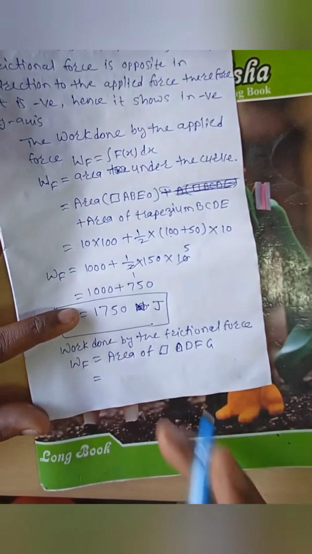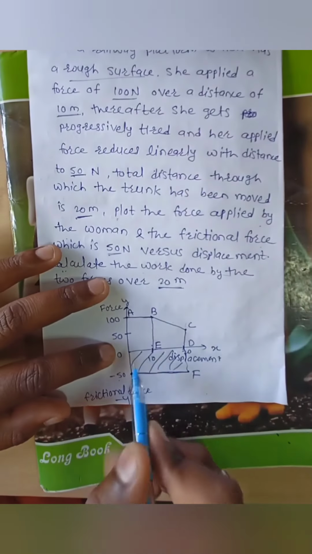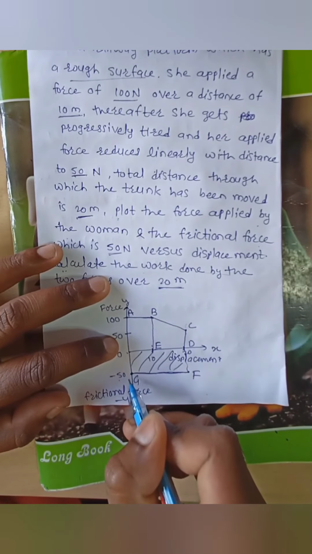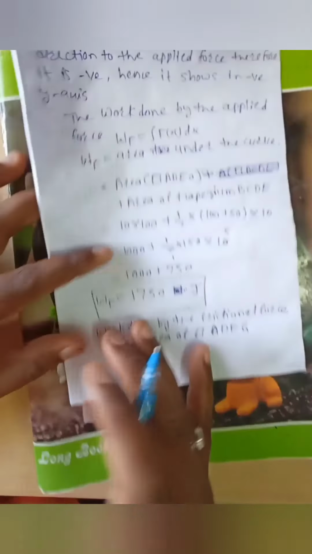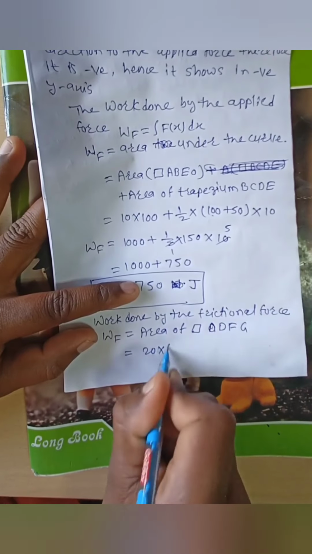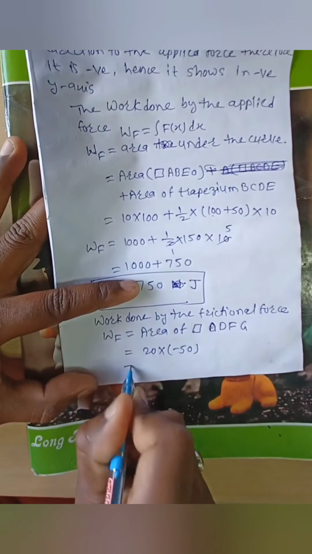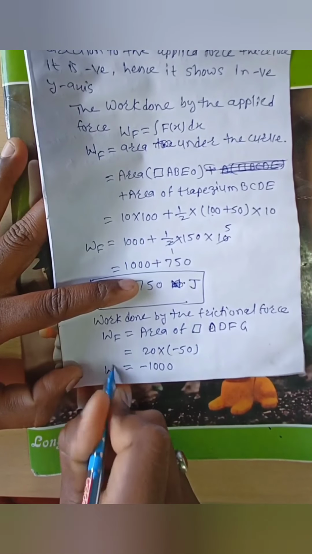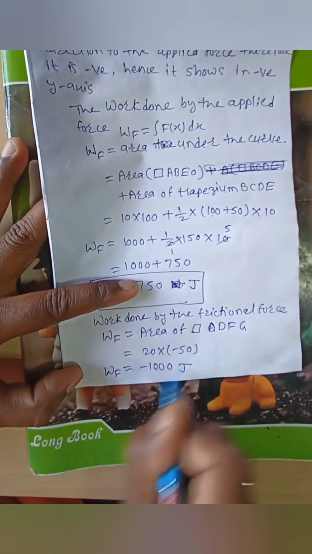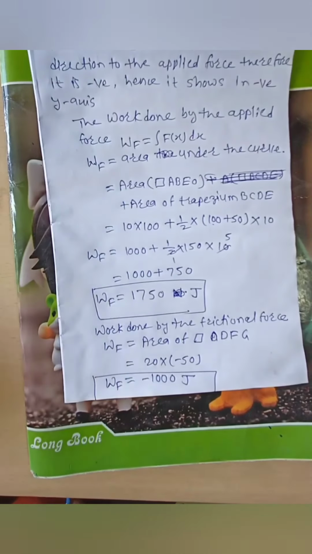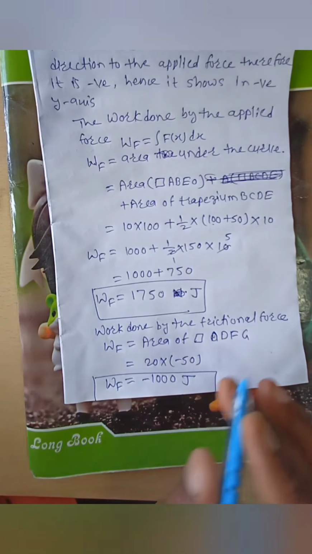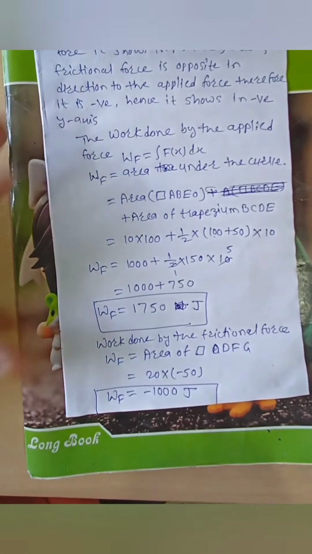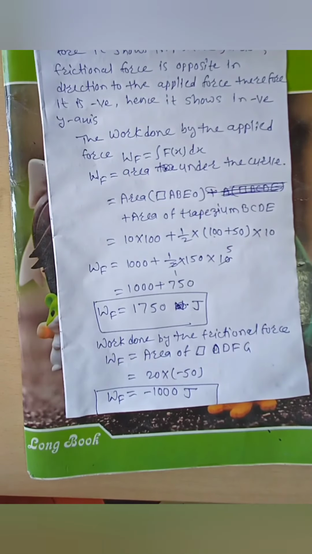The length is 20 and the breadth is minus 50, so 20 into minus 50 is minus 1000 joule. Work done by the frictional force is minus 1000 joule. Work done by the applied force is 1750 joules, and work done by the frictional force is minus 1000 joules.